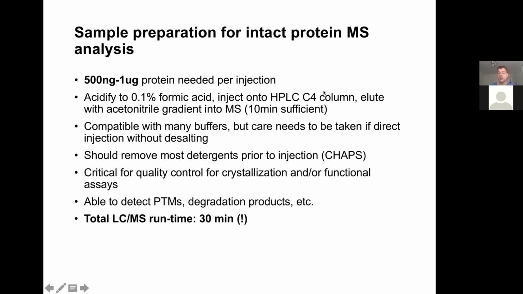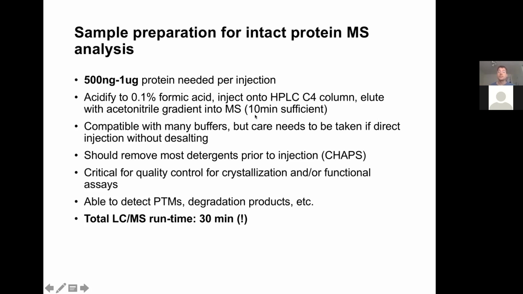You're going to acidify it, because as I said before, in positive mode, which is how we're going to do all of this, we want a proton source for the electrospray. For a protein, we'll inject it onto a C4 column, a hydrophobic column, and elute with acetonitrile. This is just a mobile phase to elute stuff off of a hydrophobic column. You can use methanol as well, but acetonitrile is the most common.